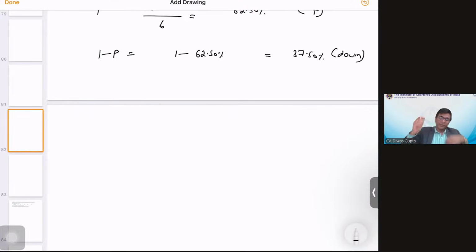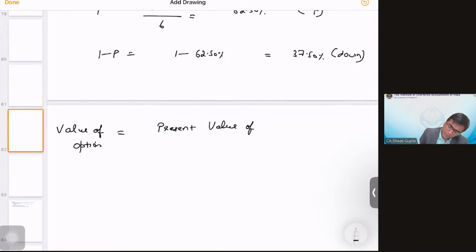So the value of option is equal to the present value of probability adjusted payoffs.